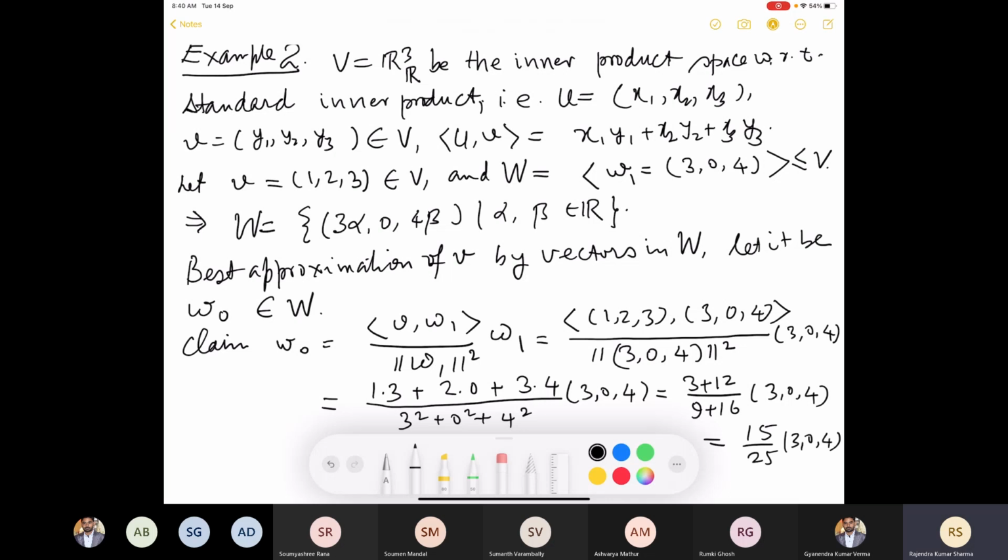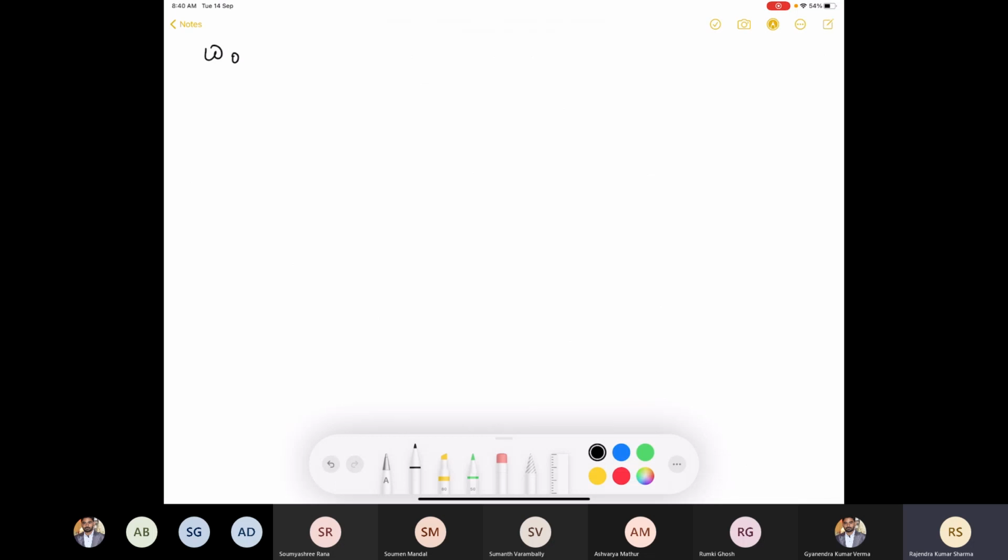You can divide by 5. So this is 3 by 5 times (3, 0, 4). You can push inside. So this gives you the coordinates of W naught as 9 by 5, 0 and 12 by 5. This is what W naught is.